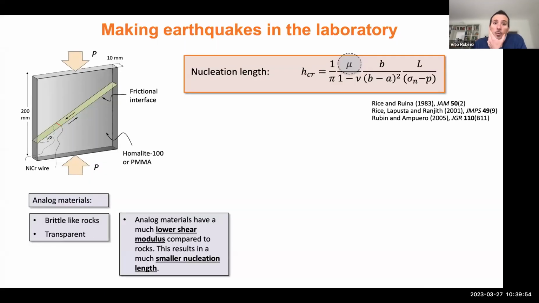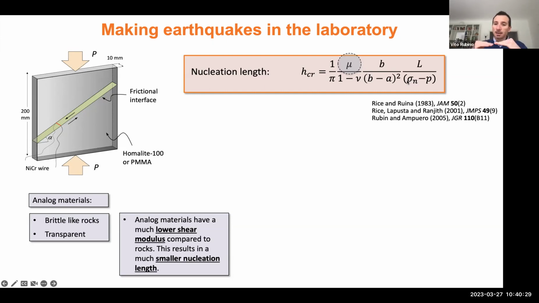Okay, so first of all, how do we make earthquakes in the laboratory, and why do we normally use analog materials? The main reason is due to the nucleation length scale, which is the critical length scale over which a fault needs to slip in order for instabilities to develop. And so this nucleation length scale depends on a number of frictional parameters that are here. It is inversely proportional to the effective normal stress.